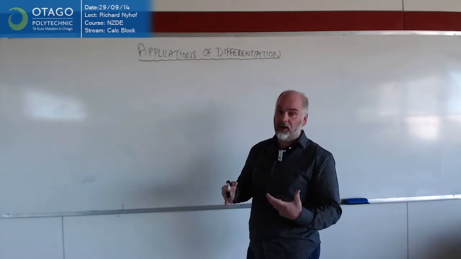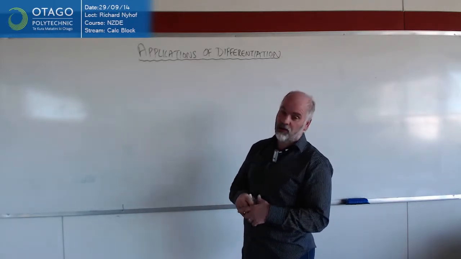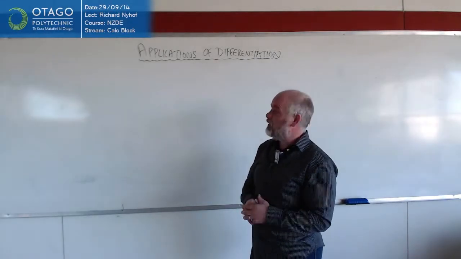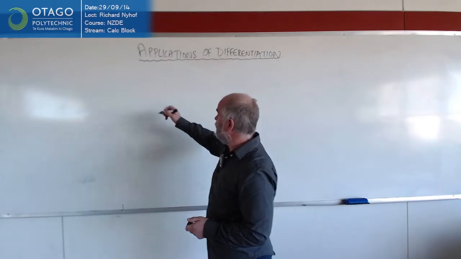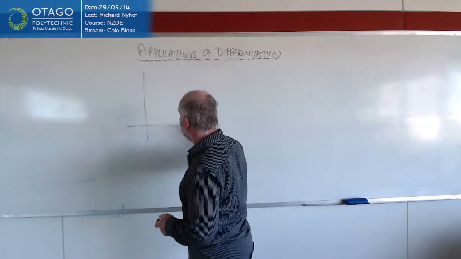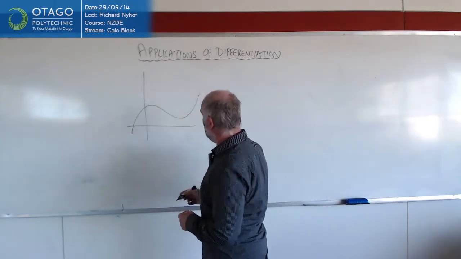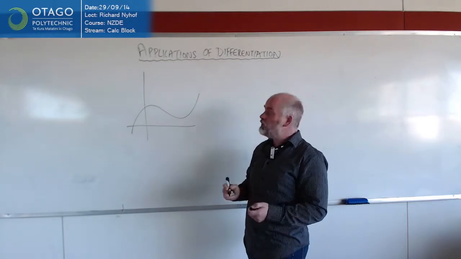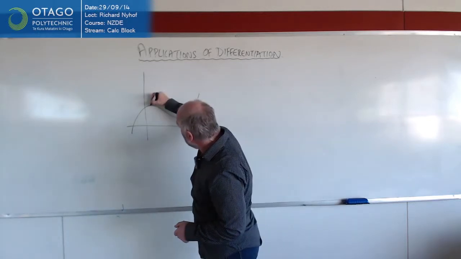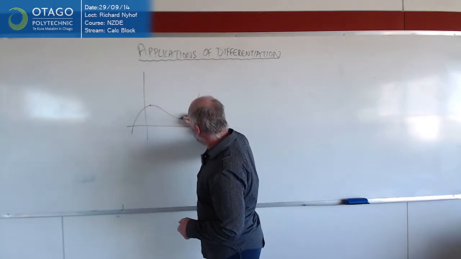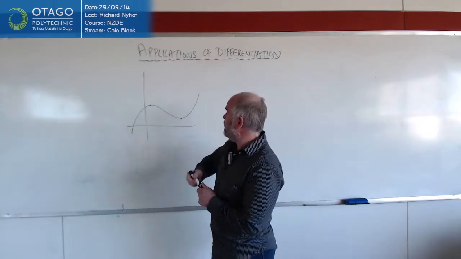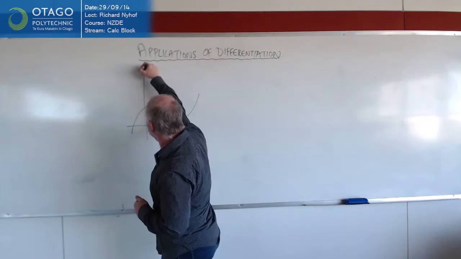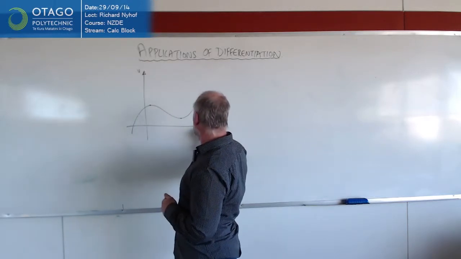And I'm going to go back to the very first thing I talked about when I was doing this topic. The video was called something like Why Do Calculus? And we had the idea that if we had a curve in general, the points that we're really interested in were this point up here and this point down here. I think I talked about a car, with velocity up the side and time along the bottom.